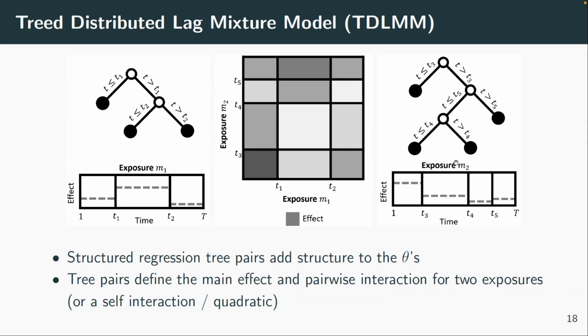If we had a single tree, we would be forcing both components to have the exact same breakpoints between them. This gives us more flexibility, where we can have one exposure that has constant effect throughout pregnancy, but another exposure that only has an effect in the later part of pregnancy. So it gives us extra flexibility to allow the main effects to be different.